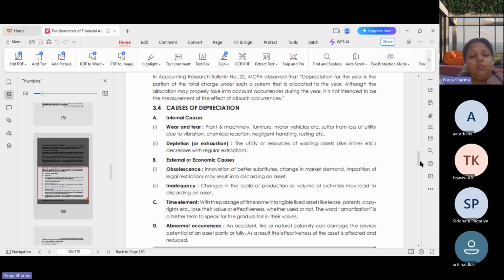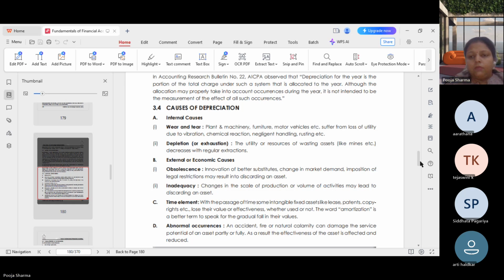Now, abnormal occurrence. That is abnormality. It may be some tragedy, an accident, fire, anything can happen. A tragedy can happen with anyone. So this is the abnormal occurrence. Fire or natural calamity can damage the services and potential of the asset, partially or fully.